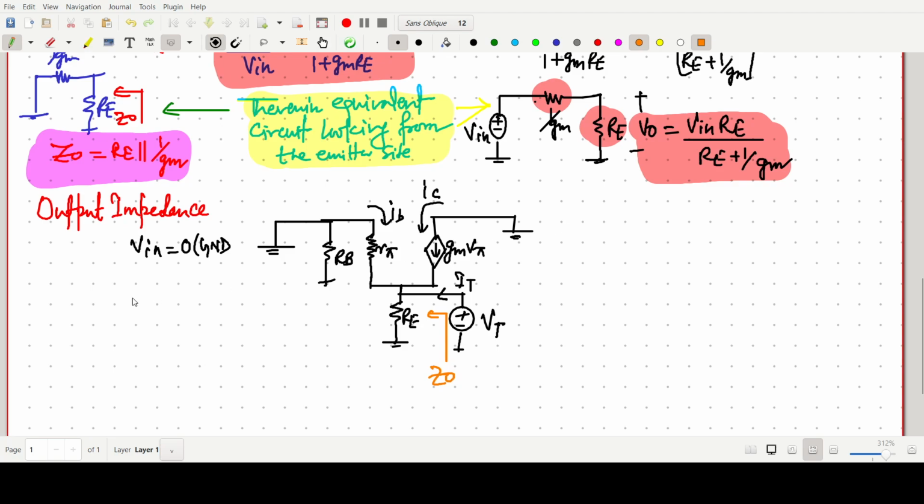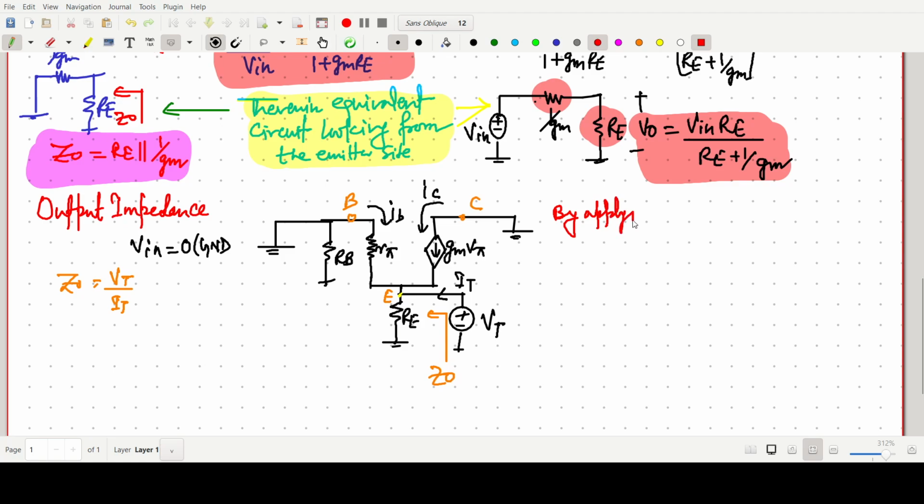So this Z naught will be simply VT by IT. So what we have to do? As we know, this one is our base, collector, and emitter side, so there may be some currents going through these points. So by applying KCL, I am writing here.